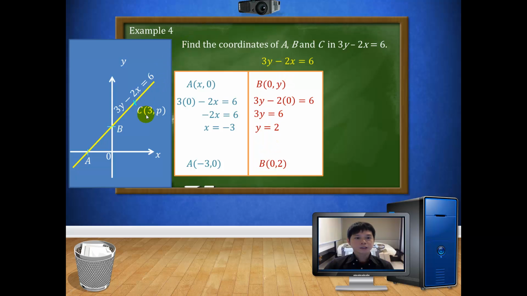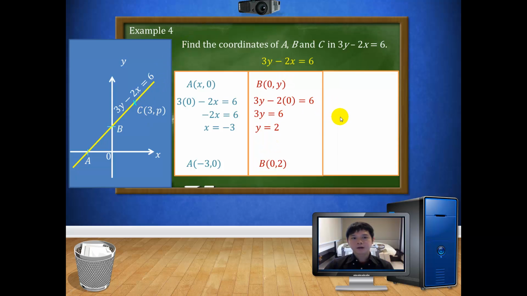To find the coordinates of C, we shall now substitute in the values 3, p into the equation here. The value of x will be, yes, equal to 3, and the value of y will be equal to p. We will get 3p minus 2 multiplied by 3 equals 6.